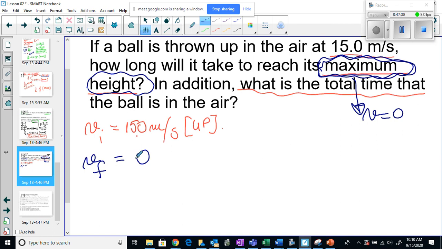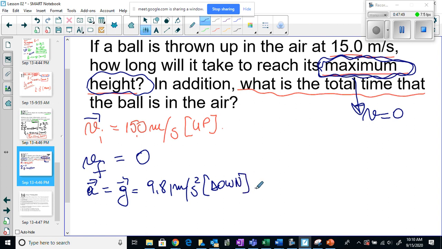The maximum height means, translated, final velocity is equal to 0. And now, since we are at the surface of the Earth, this is what we are assuming here, the acceleration will be equal to the acceleration due to gravity, that is 9.81 meters per second squared going down. And what we are looking for is time. In your notebook, please figure out the time that the object will reach the maximum height.